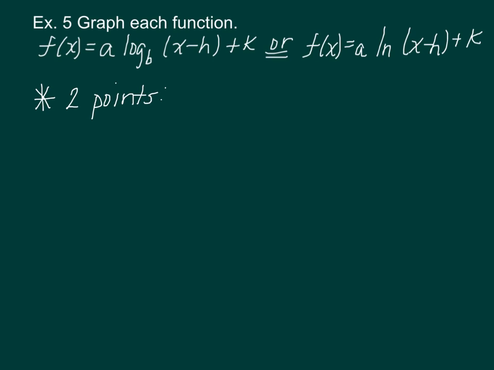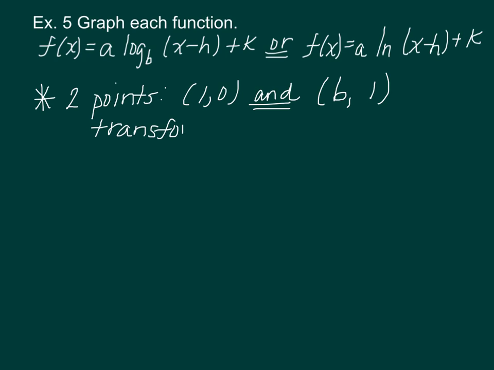And those 2 points are 1, 0, and B, which is your base, and 1. So those are the 2 points that you're going to start with. And then you're going to use transformations.